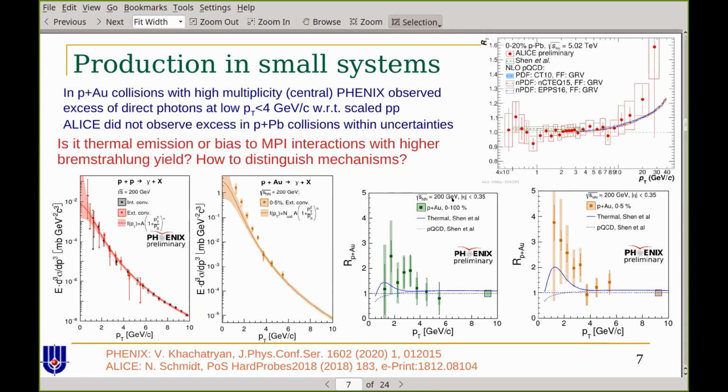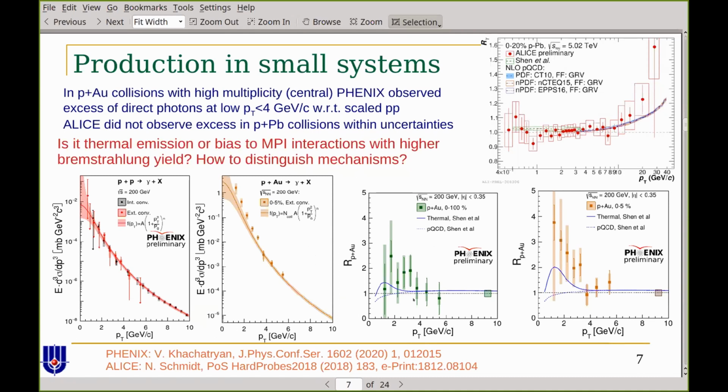Okay, and it is better to quantify the excess by looking at the ratio, R_pGold, which is a ratio of the spectrum measured in proton-gold collisions divided by the spectrum measured in pp collisions and scaled with the number of expected nuclear collisions.